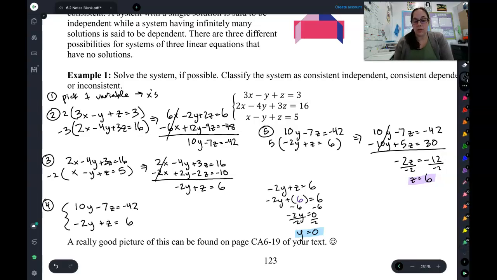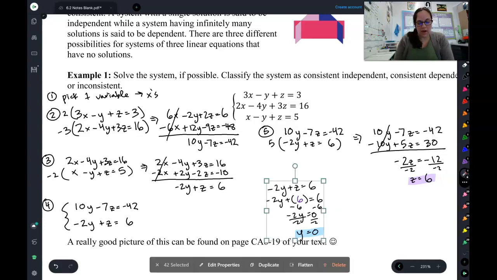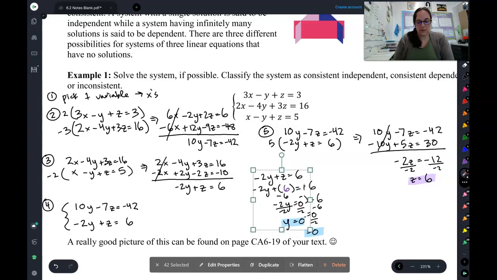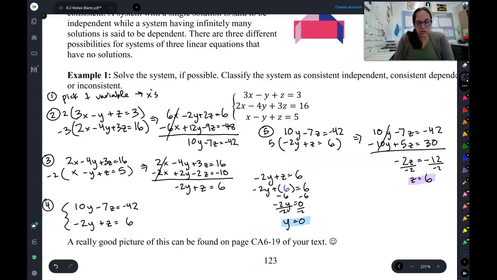Last thing I need to do is find my x point. So I can pick any of my 3 original equations, plug in y, plug in z, and solve for x. So let's do the third equation. So plug in 0 for y, plug in 6 for z.